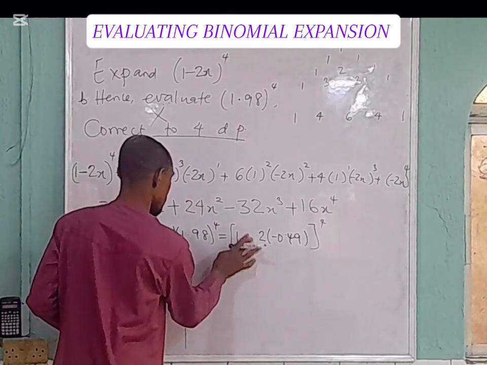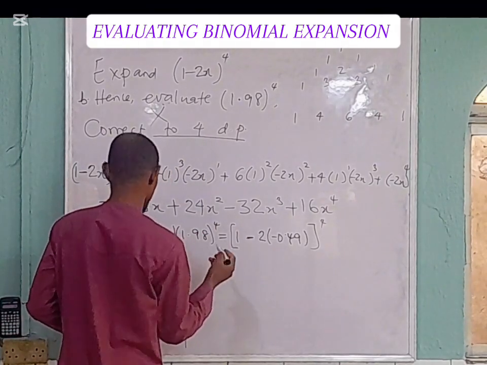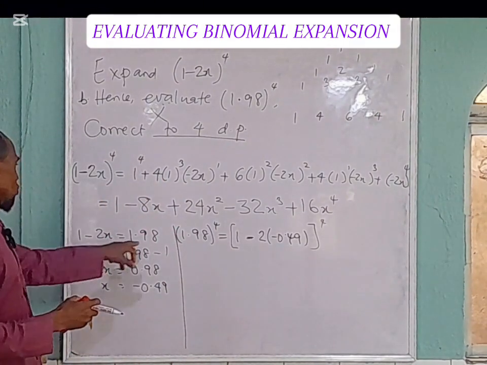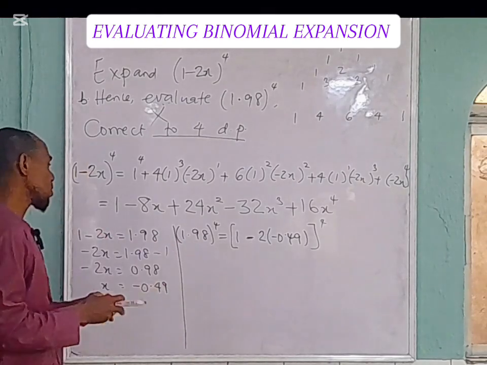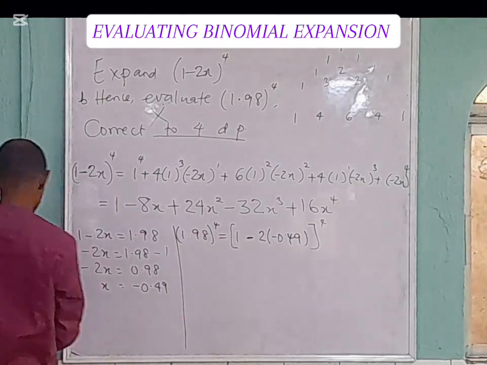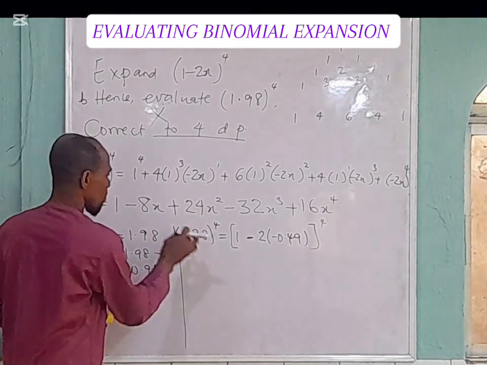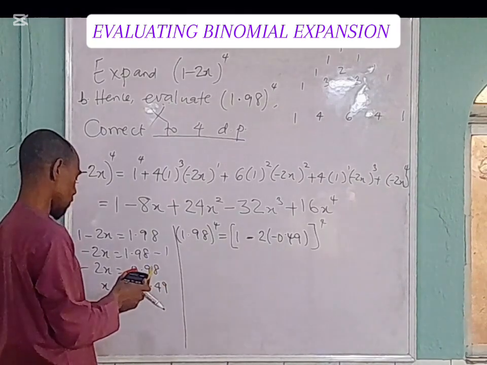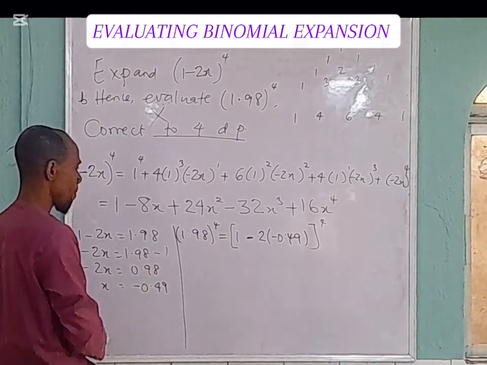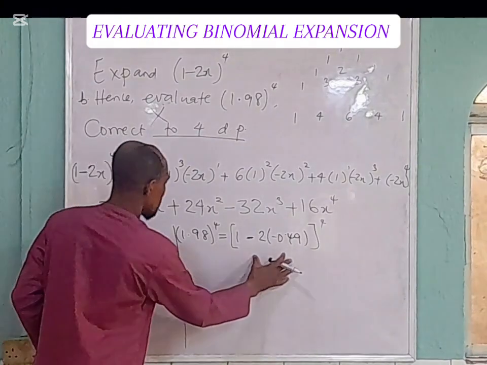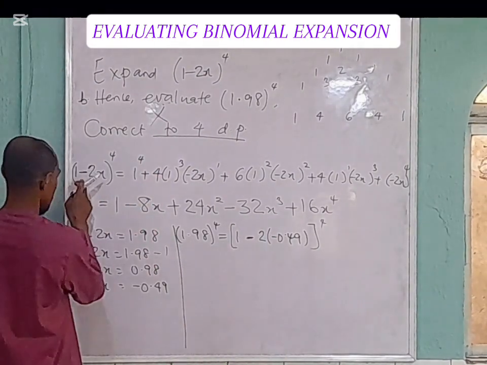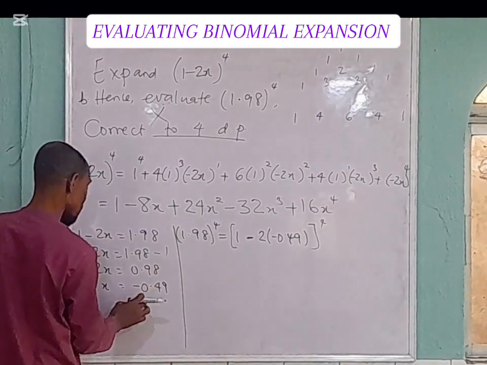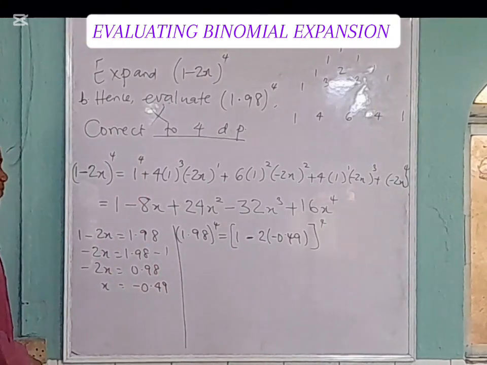No, so this has to be minus because we compared minus directly. Since we compared 1 minus 2x to 1.98, it has to maintain the minus. So if you look at this clearly, if you do this mentally, you must necessarily get 1.98. Because 2 by 0.49 is 0.98, so 1 plus 0.98 is going to be 1.98. So by simple comparison, we have 1 is there, minus is there, 2, and then x actually minus 0.49.